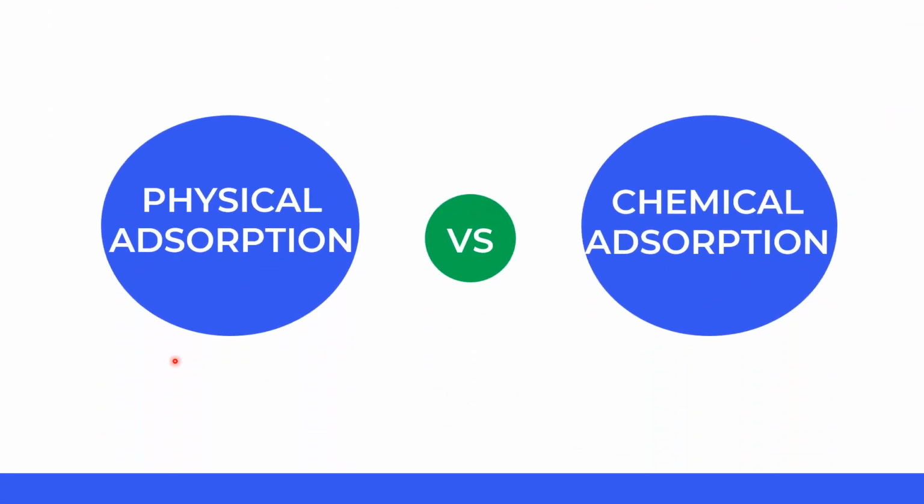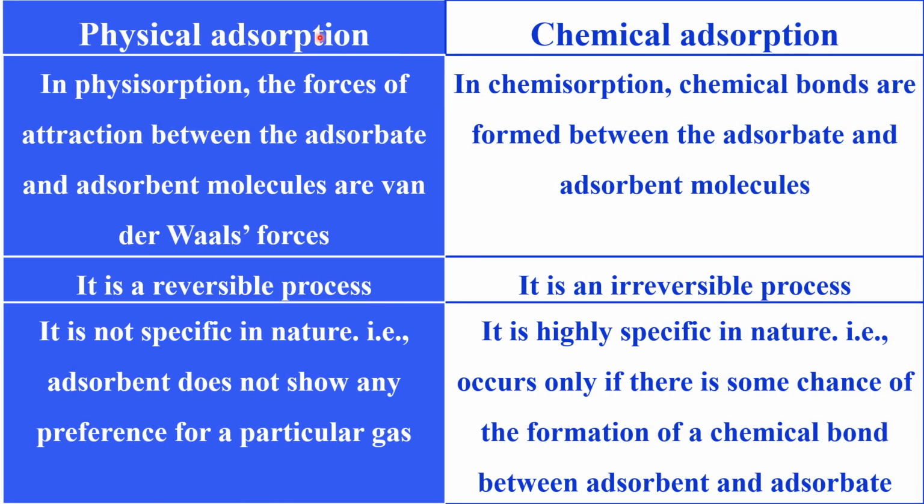Let us discuss in detail the differences between physical adsorption and chemical adsorption. In physical adsorption, as discussed earlier, the forces of attraction between adsorbate and adsorbent molecules are very weak van der Waals forces, but there are no true chemical bonds like ionic or covalent bonds.